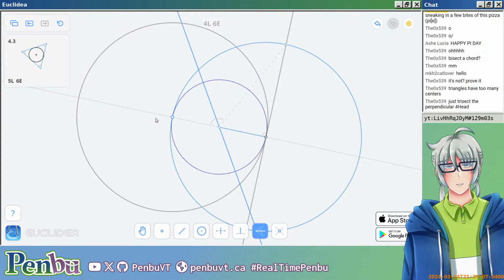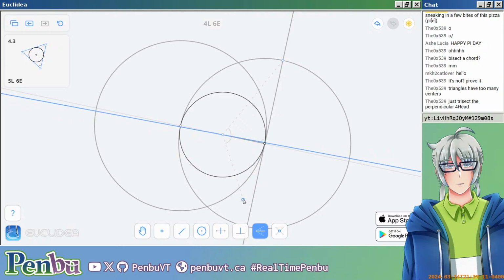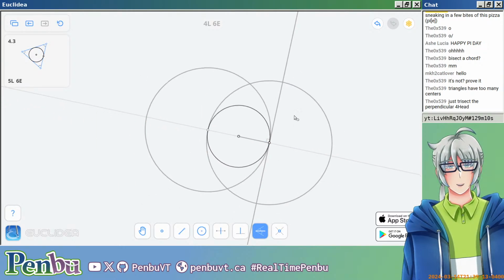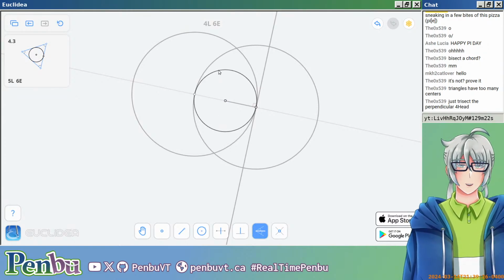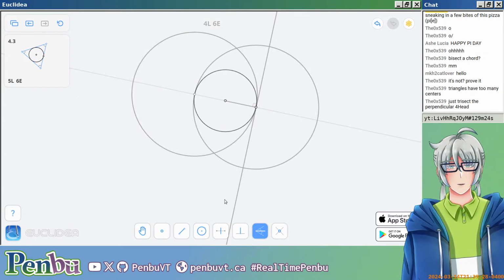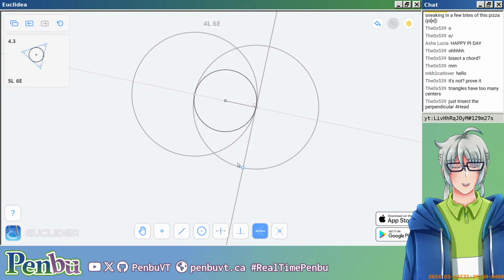Can we do something like this? I don't think so. Oh, wait a minute, hold up. We do have this, and then we have the other side too. We just need to find the point in here. So we need a way to get one of the points on the circle.